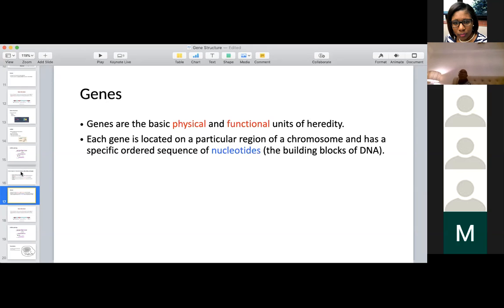We talked about that last week, and it has a specific ordered sequence of nucleotides. All right, and it is those nucleotides that are going to be transcribed into RNA in order to make our final protein products. Okay, so genes are the physical and functional units of heredity that are responsible for biological activity.